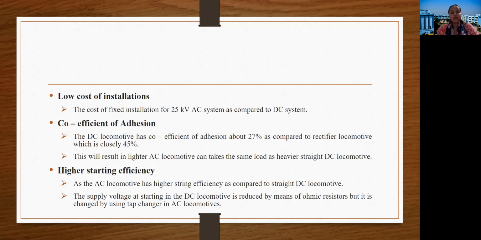The AC locomotive has higher starting efficiency as compared to straight DC locomotive. The supply voltage at starting in the DC locomotive is reduced by means of ohmic resistor, but it is changed by using tap changer in AC locomotives. So these are all the advantages of 25 kilovolt AC system for electric traction.